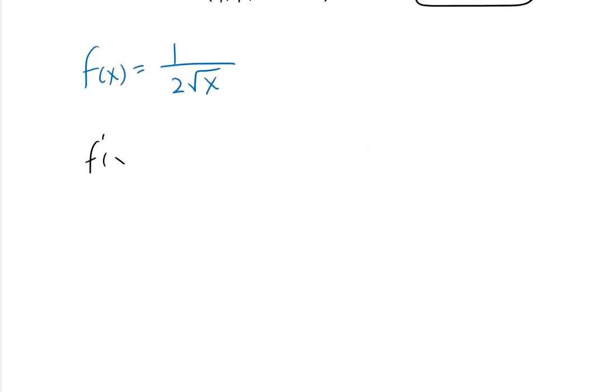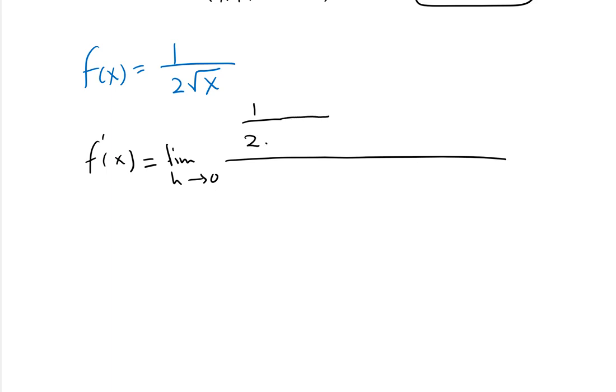F prime of x equals the limit as h goes to 0. F of x plus h means we're going to replace every x with x plus h, minus the function itself, all over h.